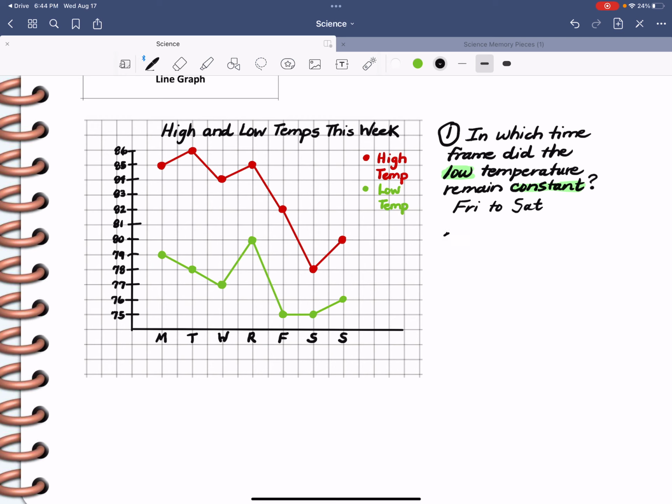Okay, here's another question that they could ask you. What was the range in temperature, let's spice it up here just a little bit, temperature on the hottest day of the week.